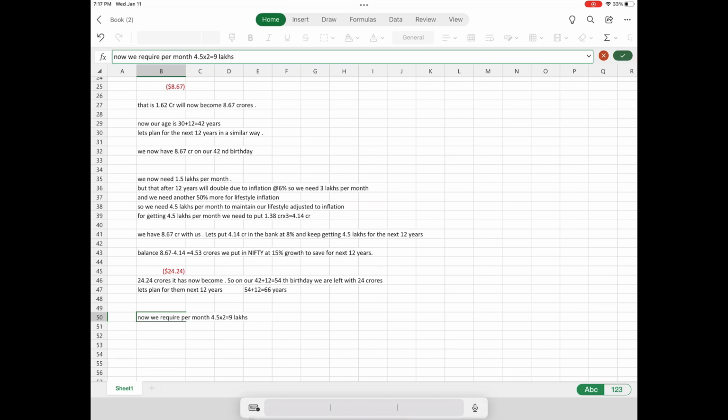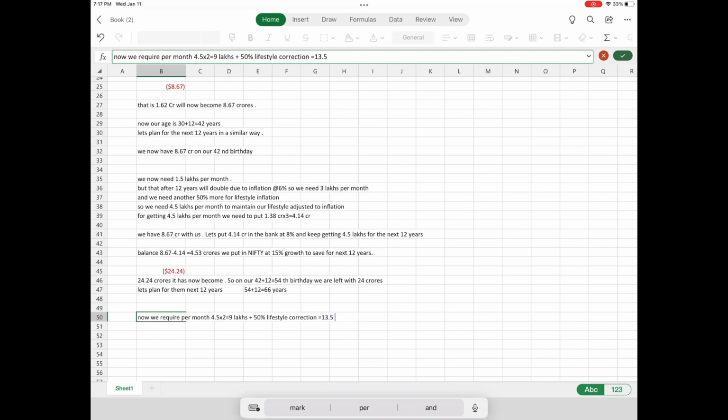So imagine you will require 13.5 lakhs per month, adjusted for inflation, because half of 9 lakhs is 4.5, so 13.5 lakhs per month. Now to get 13.5 lakhs per month, how much money should you have? Let's calculate the present value.